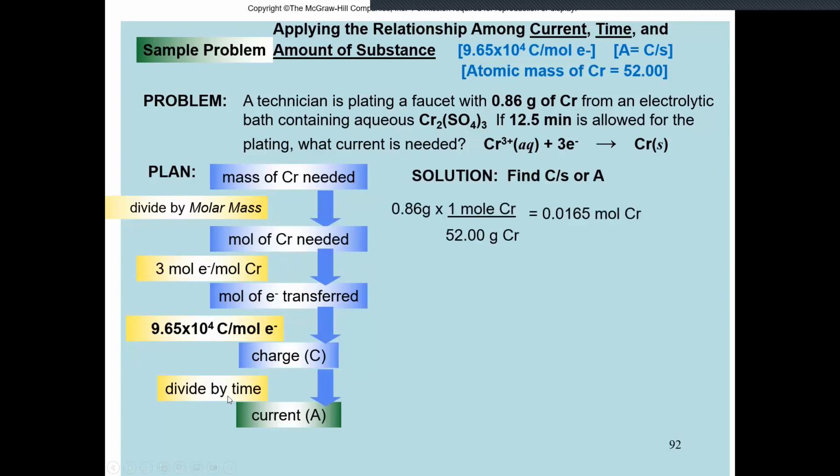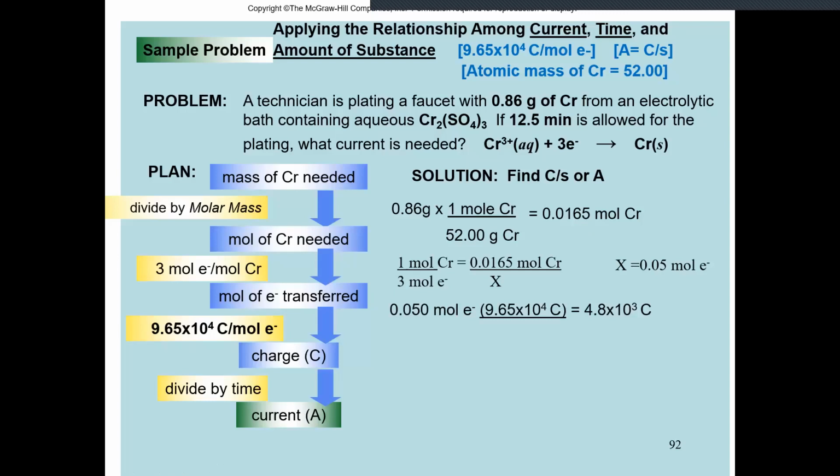So putting in the numbers, we have the mass, we divide by the molar mass, we get the moles. We have to multiply this by 3 to get the number of moles of electrons. Once we get the moles of electrons, we multiply this by this conversion factor, 9.65 times 10 to the 4 coulombs per mole.